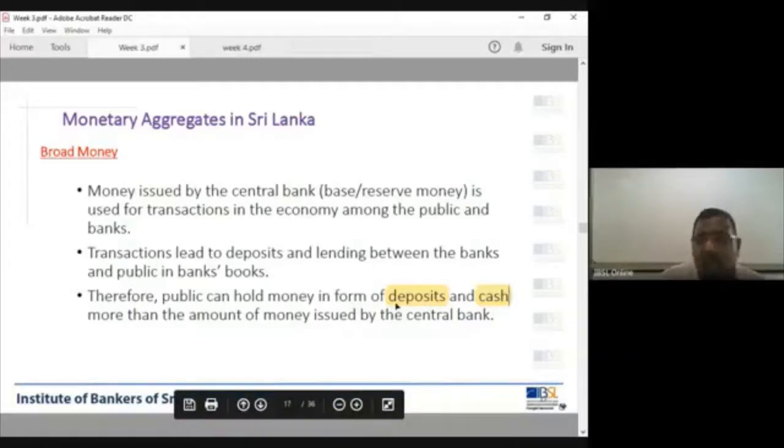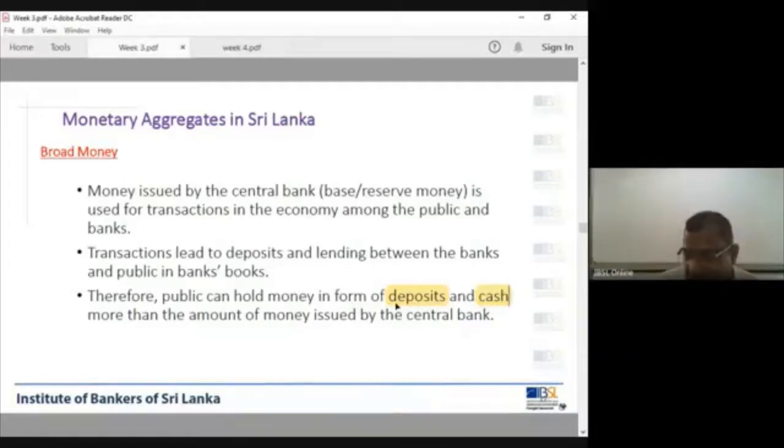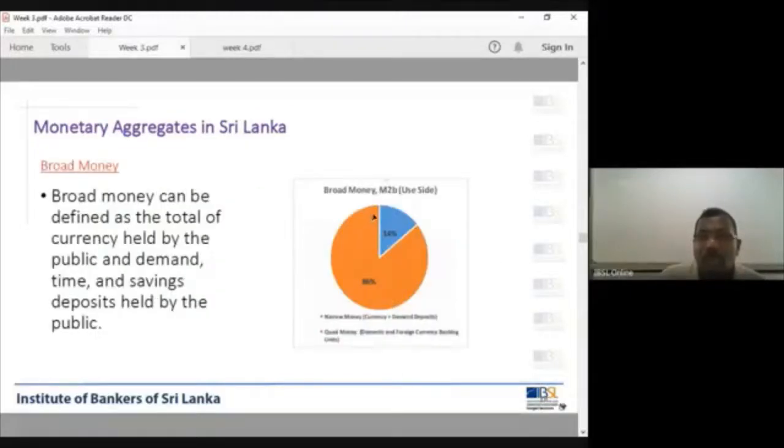I'm repeating, if it is M2, time and savings deposits plus narrow money. But as I said, it is not used much in Sri Lanka. Instead, we use a term called M2B. That is the most important broad money variable in Sri Lanka.